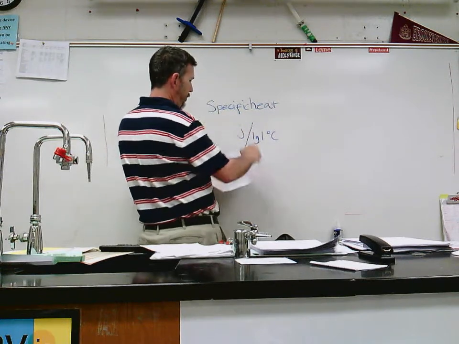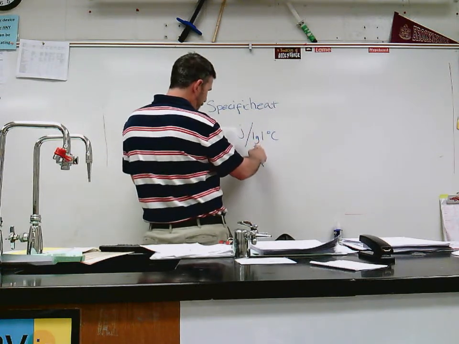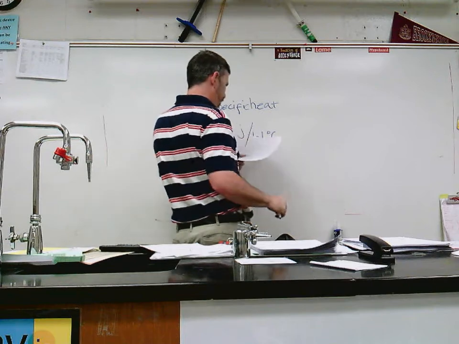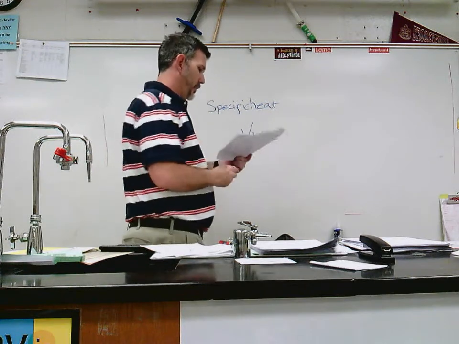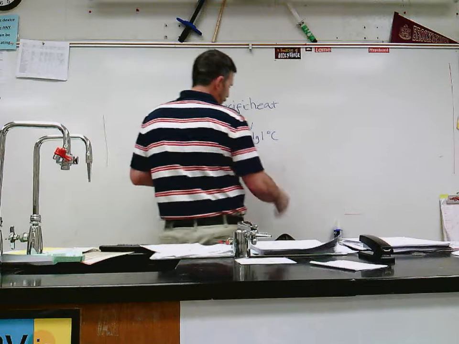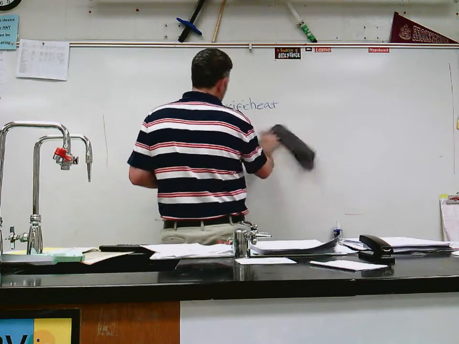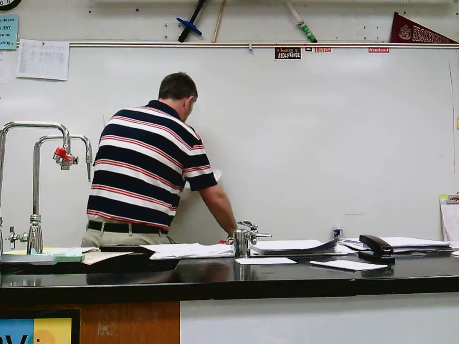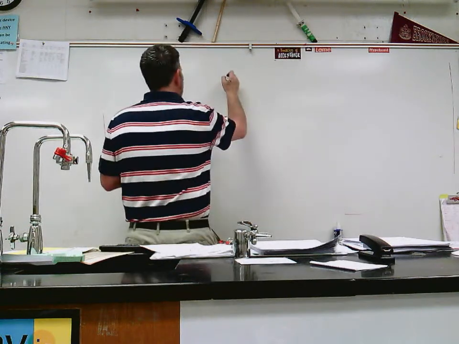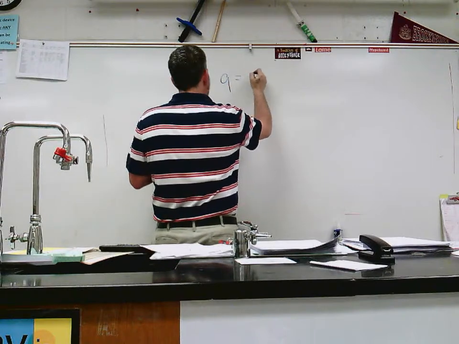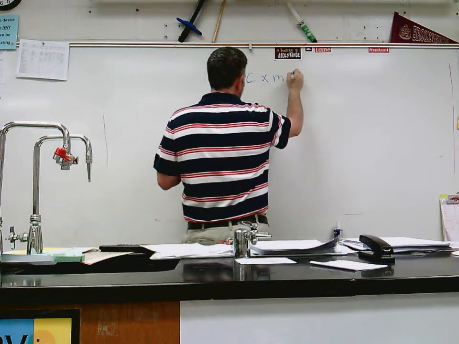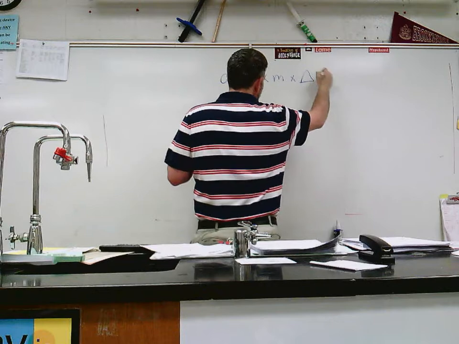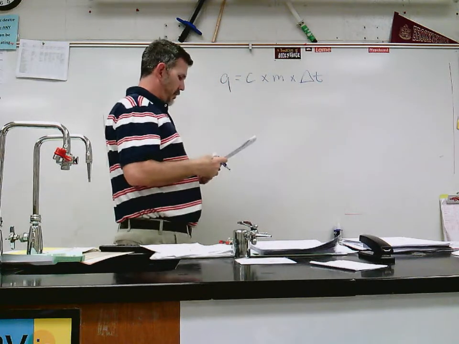The amount of heat required to raise 1 gram of water by 1 degree Celsius, or 1 gram of anything by 1 degree Celsius. Remember, there's specific heats for water and all the other things. All right, so looks like we're going to use Q equals C times m times delta T. Excellent. We're going to get into some specific heat calculations.